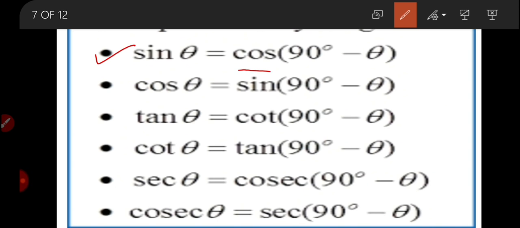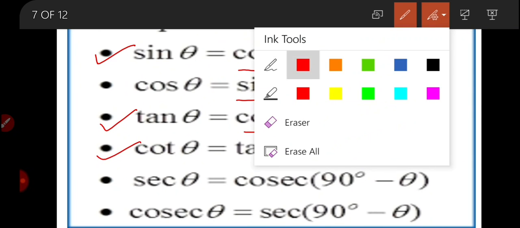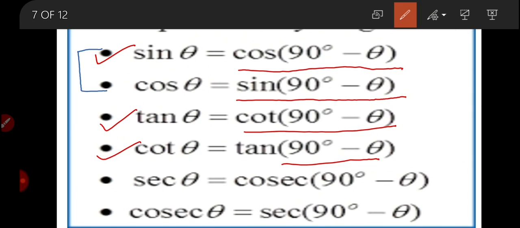So sin theta is equal to cos(90 degree minus theta), and cos theta is equal to sin(90 degree minus theta). Tan theta is equal to cot(90 degree minus theta), and cot theta is equal to tan(90 degree minus theta). So you remember this, sin theta is equal to cos(90 degree minus theta), and cos theta equal to sin(90 degree minus theta).